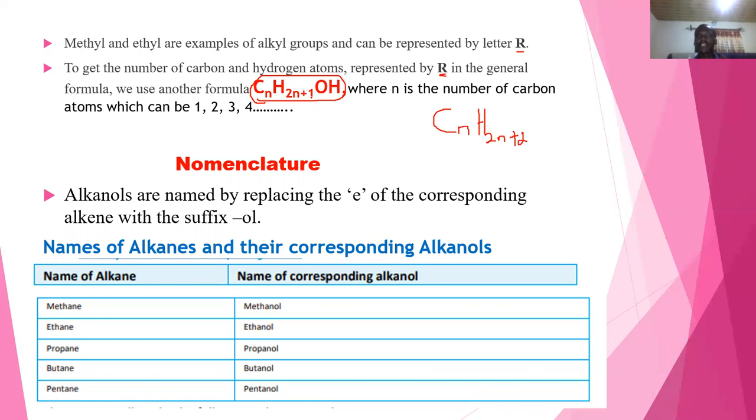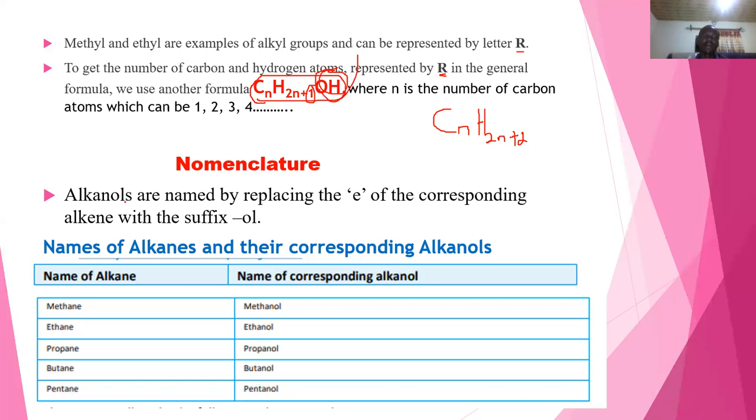Here we add 1, and there we added 2. The reason why we add 1 is because 1 hydrogen from the alkane has been replaced by the hydroxyl group, because the carbon should have 4 bonds, which we will also be able to discuss in detail. So here we add 1 because 1 hydrogen atom from the alkane has been replaced by the hydroxyl group.